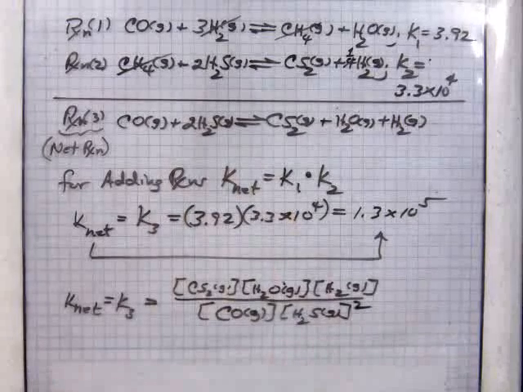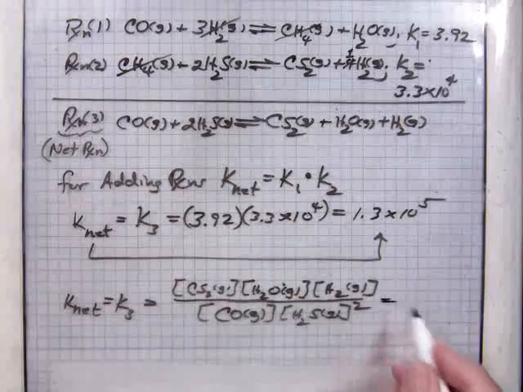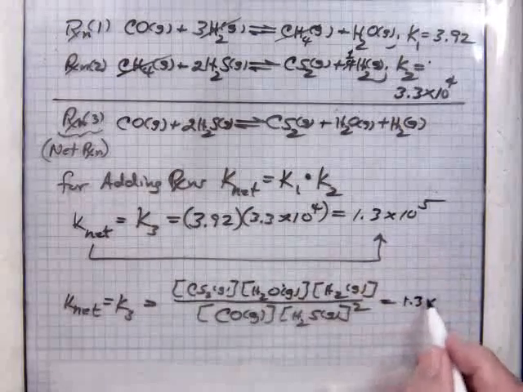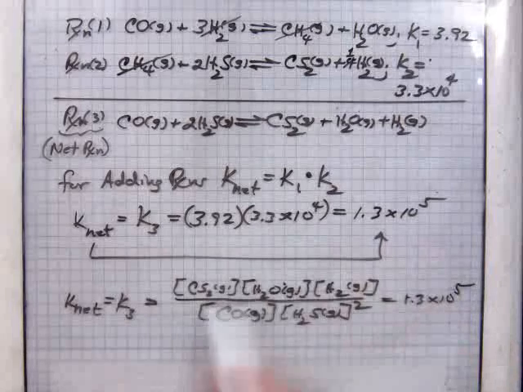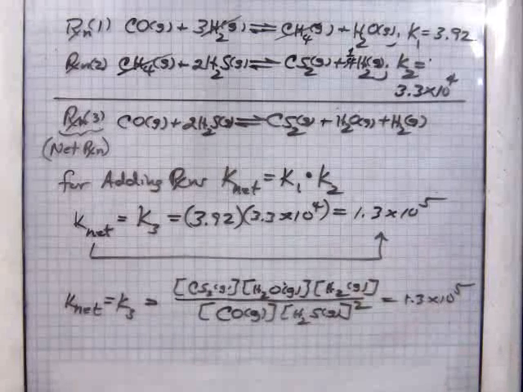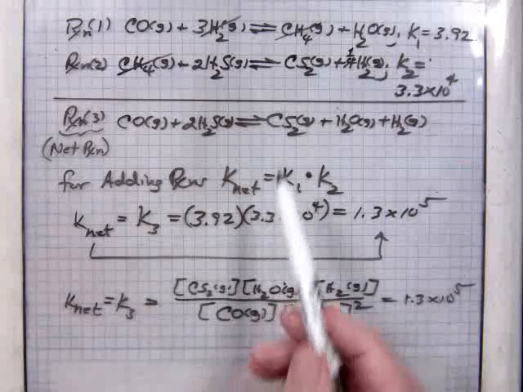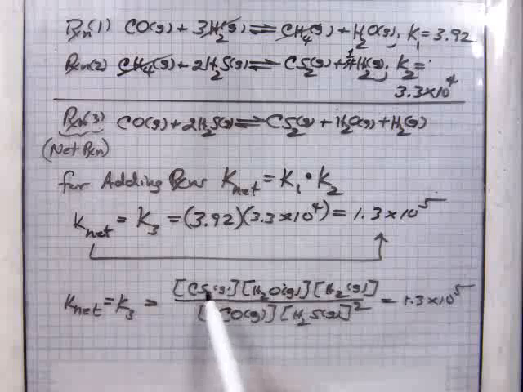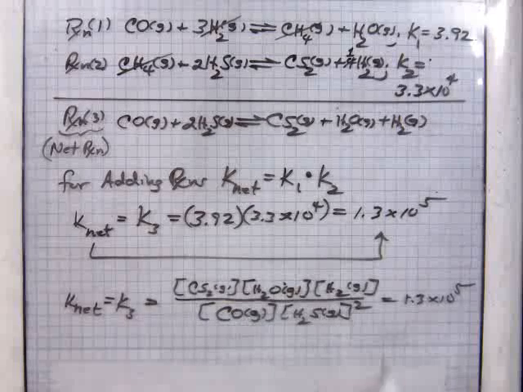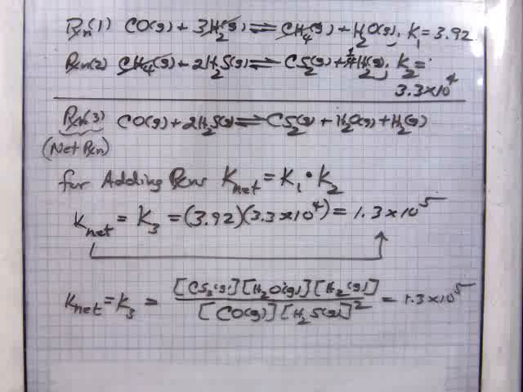So there is your net reaction, and all of that is equal to 1.3 times 10 to the 5th. And if you're given any of those concentrations, say part of the reaction concentrations, how much of the yield will you get? You can use this expression to get those carbon disulfide yields. You'll be given those concentrations except say for one, and you plug it into this expression and solve for the unknown.